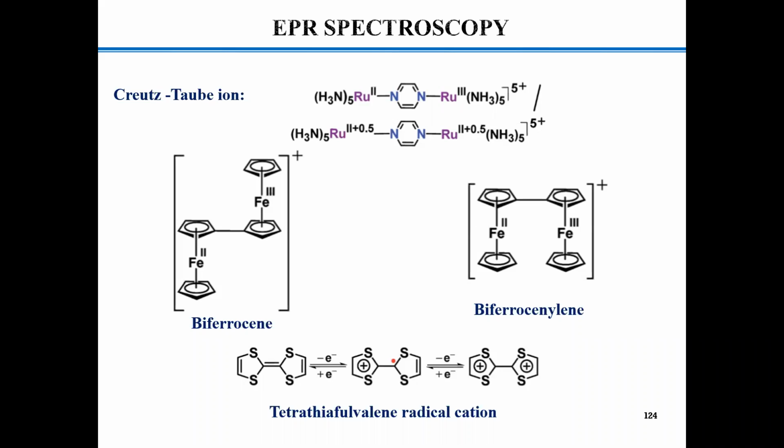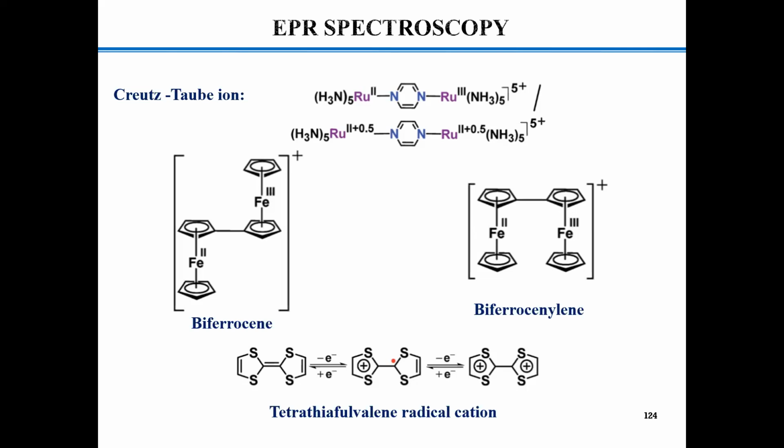You can understand how the concept of electronic structural aspect at the mixed valence state could be extended to molecular electronic devices, and to the understanding of complex electron transfer in our biological system involving metalloproteins and all sort of things. Because one cannot open the body and examine how the electron transfer is happening. So you have to do it at the laboratory level.